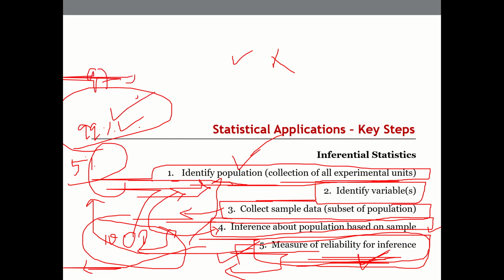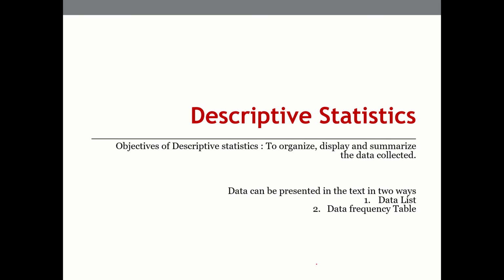So there is an acceptable error. If the error is within 5%, or less than 5%, or 3% or 1%, then that inference is acceptable from the statistical perspective.